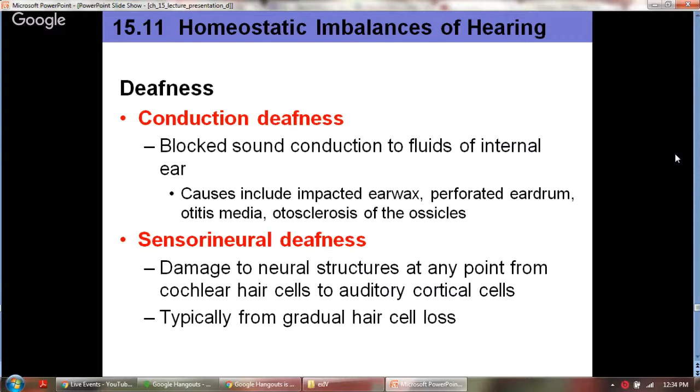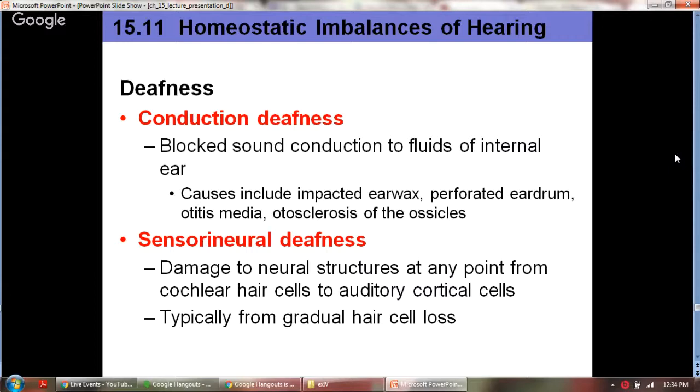The next important topic related to the hearing and the homeostasis imbalances is deafness. So deafness we can divide into two major ones, the conduction deafness and the sensory neural deafness. The conduction deafness is the blocked sound conduction to fluids of the internal ear.